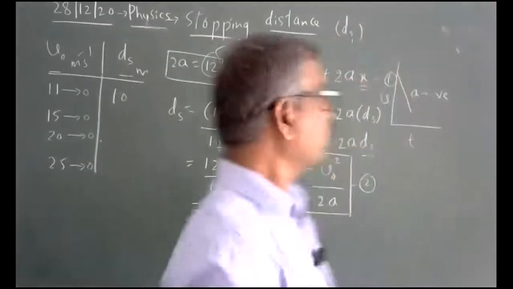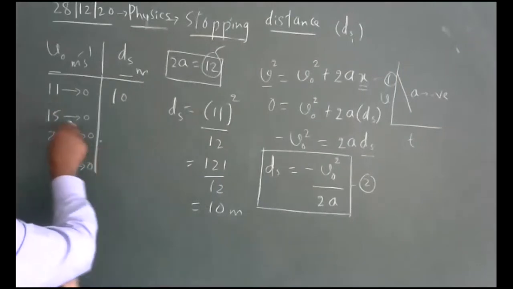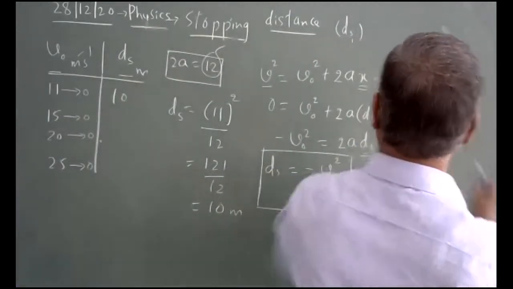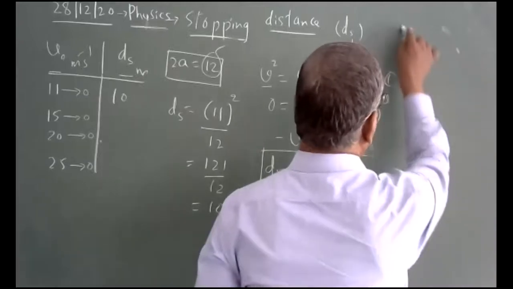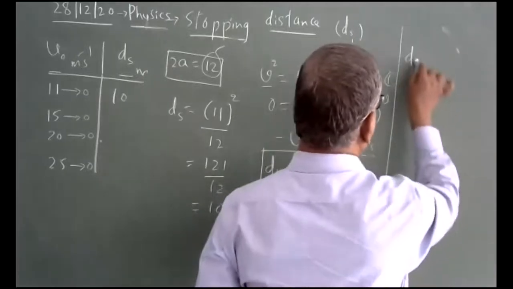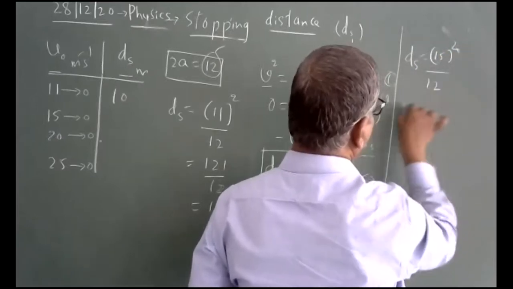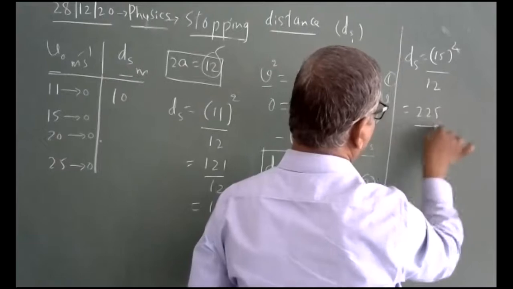Let me cross-check for 15 meter per second. When I substitute 15 meter per second, the stopping distance ds is equal to 15 squared in the numerator and 12 in the denominator, so it becomes 225 by 12.